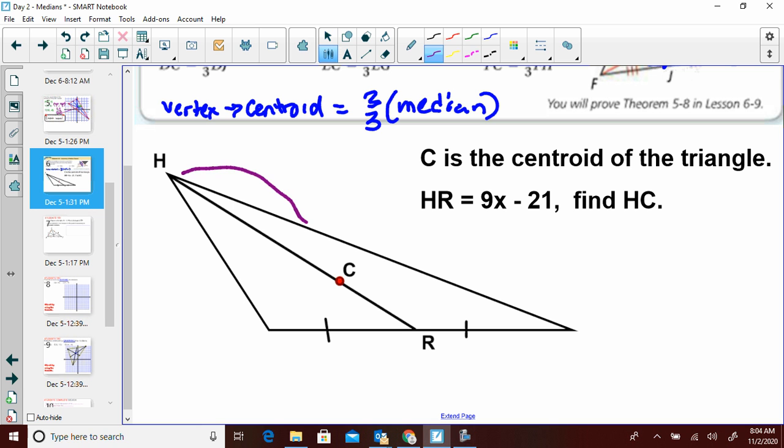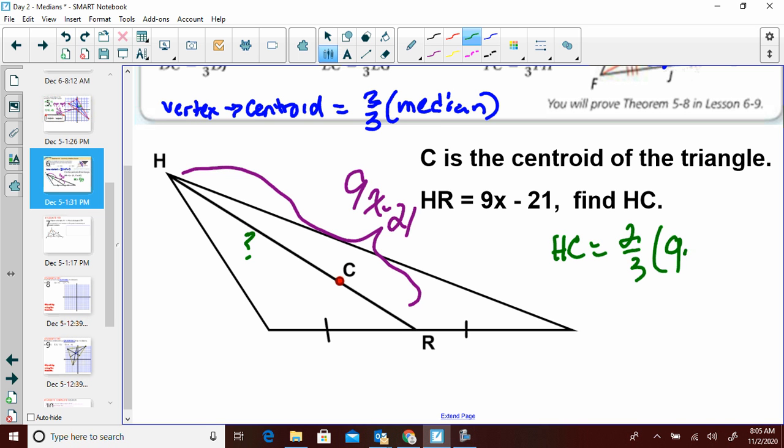HR, so this whole thing, is 9x minus 21. They want us to find HC. Well, the distance from the vertex to the centroid is 2/3 the median.